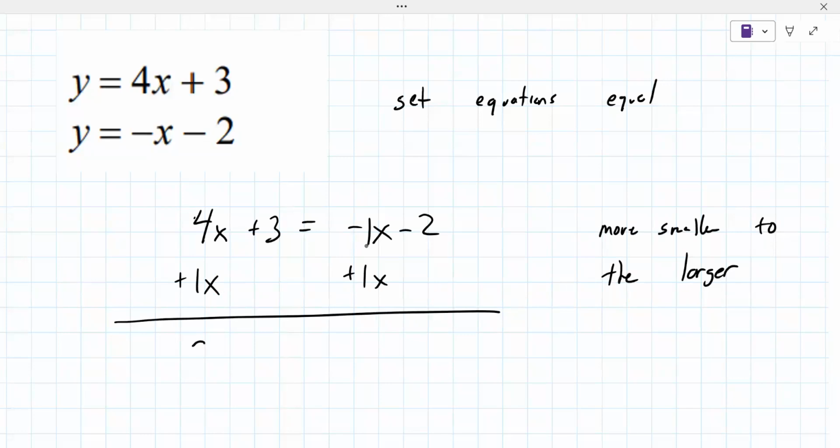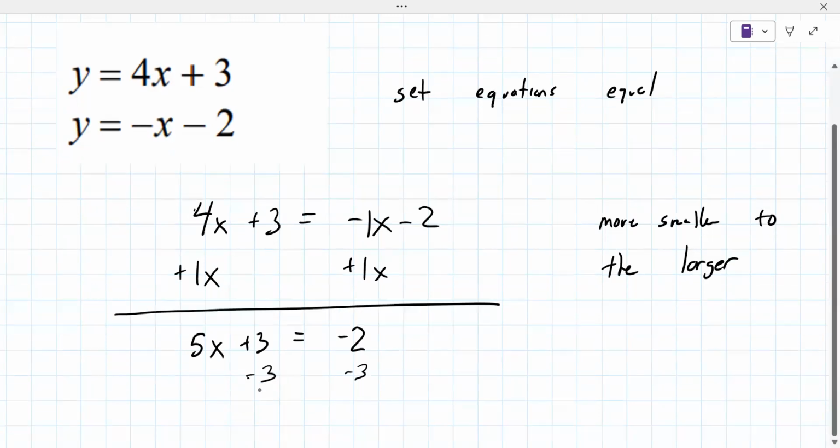This becomes 5x plus 3 equals negative 2. So notice it's a two-step equation. Then what would you do next? Subtract 3 from 3 and negative 2. Yep, very good.